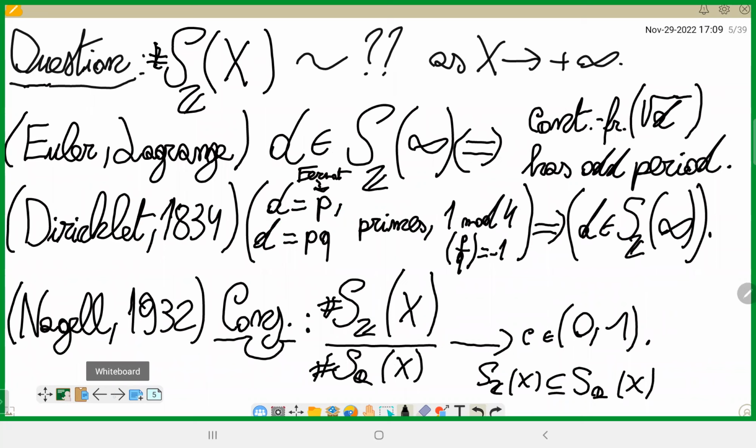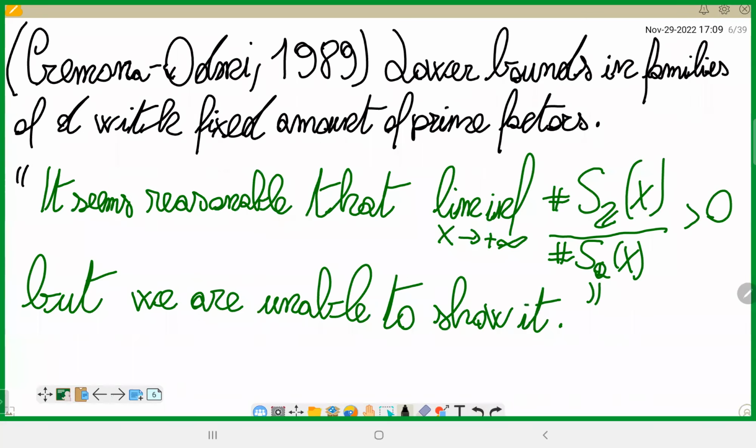And for a while, even the fact that the lim-inf of S_Z(X) divided by S_Q(X) was positive was an open problem. So it was not known whether the equation is solvable a positive proportion of the time within the family S_Q(X).